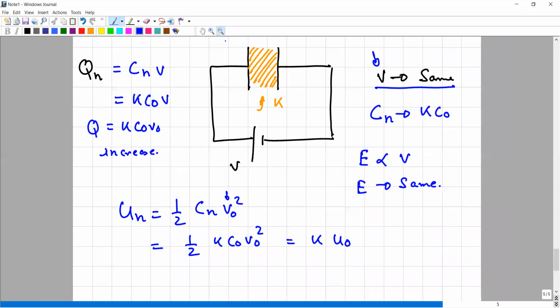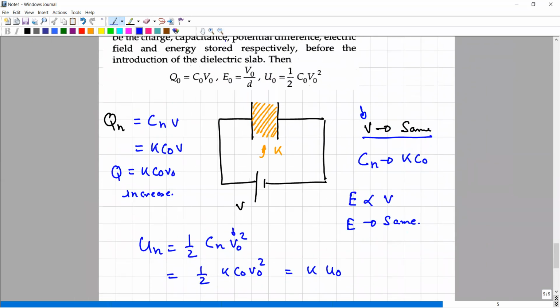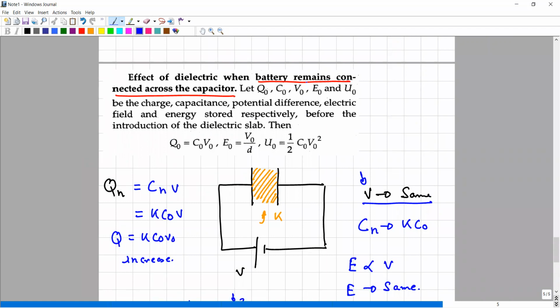But again, all these changes are only going to happen when the battery remains connected across the capacitor. So be very, very careful in identifying this whenever you are solving any numerical which involves a dielectric being inserted. In any numerical where a dielectric is inserted into the capacitor, first check whether it is connected to the cell or not.